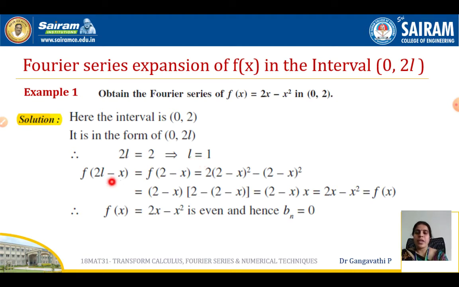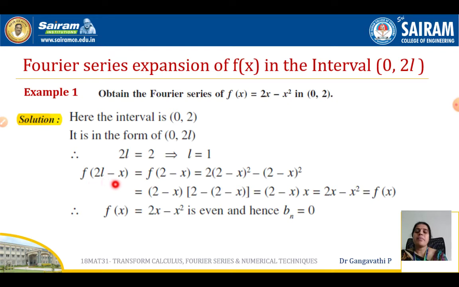Now we need to check whether the function is even or odd. Wherever we are able to conclude the function is even or odd, it is very helpful in reducing the length of the problem. So first we will check that. f of 2L minus x, as we discussed in the interval 0 to 2 pi, for 0 to 2L the same procedure we will apply.